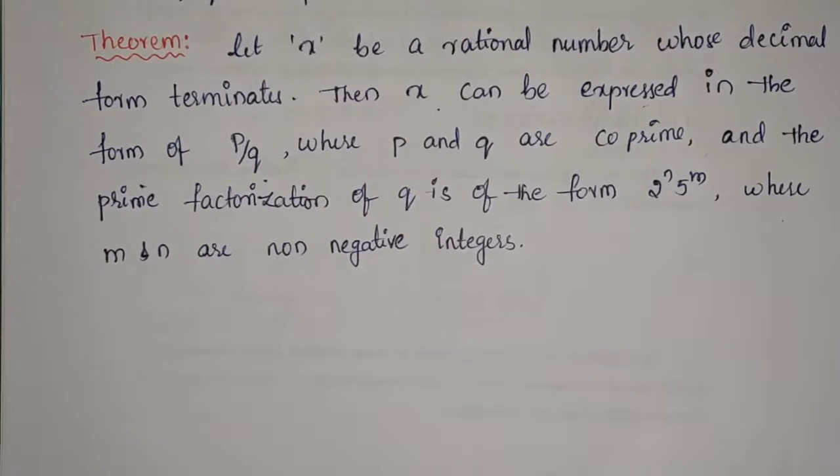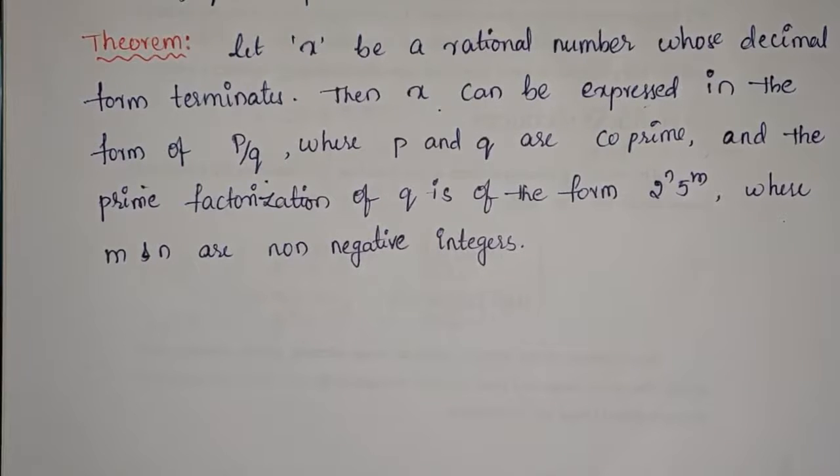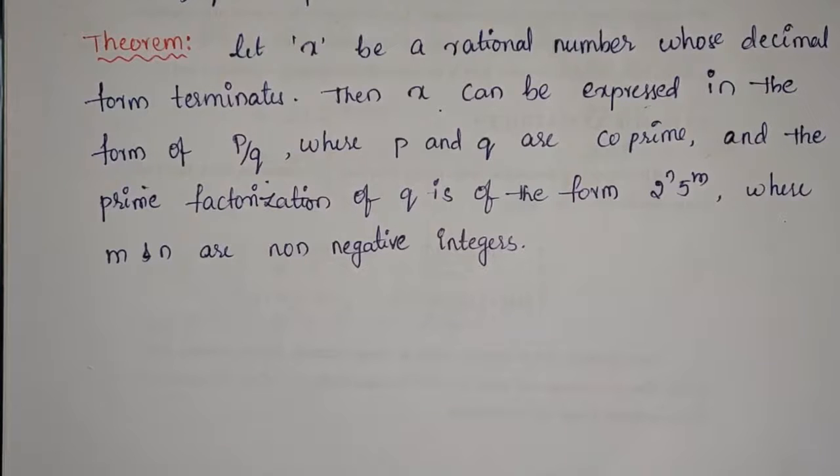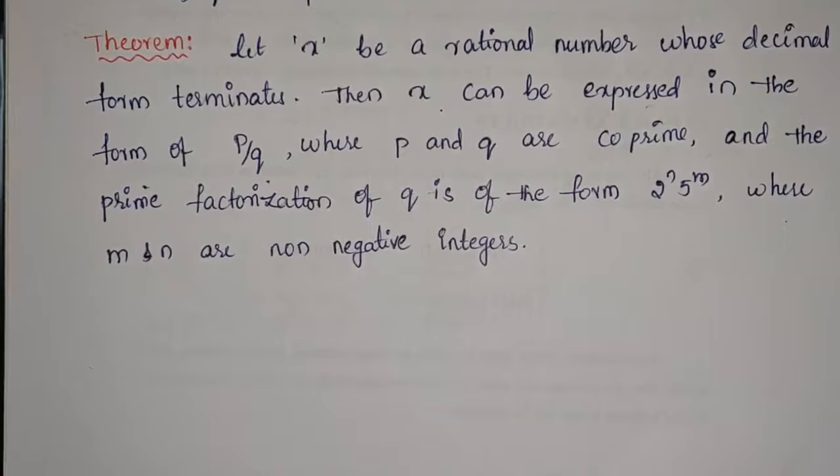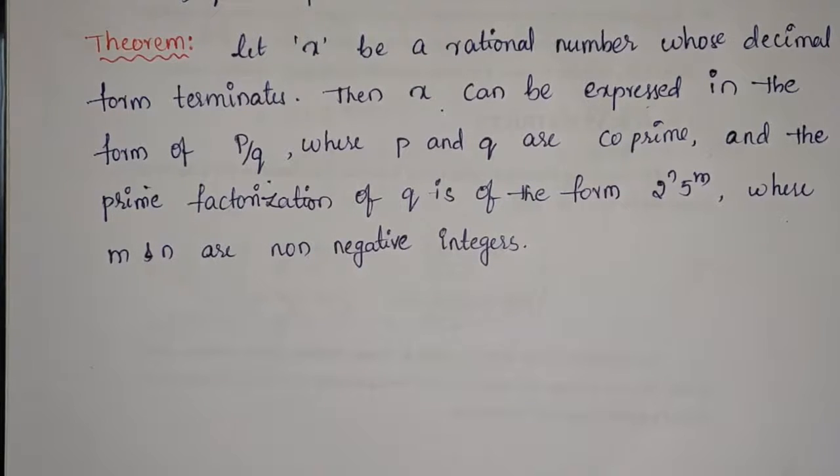Up to now we have seen the conversion of terminating decimal form into the P by Q form. Now we'll discuss the P by Q form to the decimal form. How can we convert this P by Q form to the decimal form? Let us see that example.